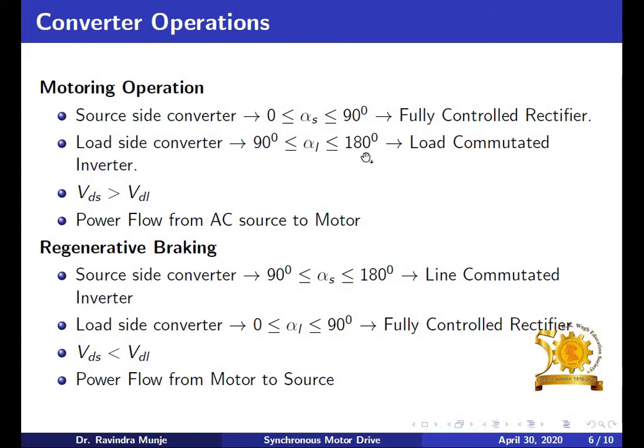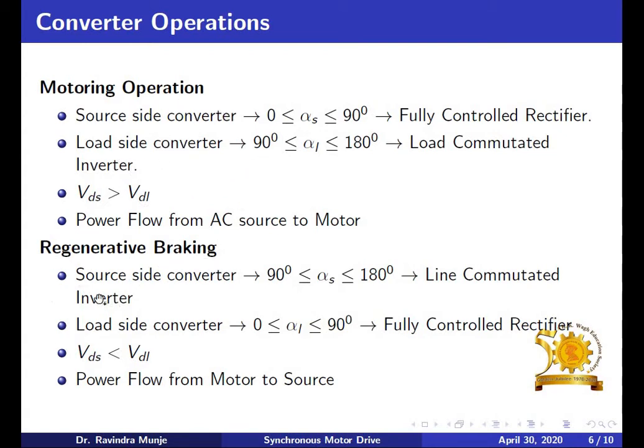Load side converter will have the firing angle in the range of 90 degree to 180 degree, working as a load commuted inverter. In this case, VDS is more than VDL, and the power flow is from AC source to motor. That is the motoring operation.